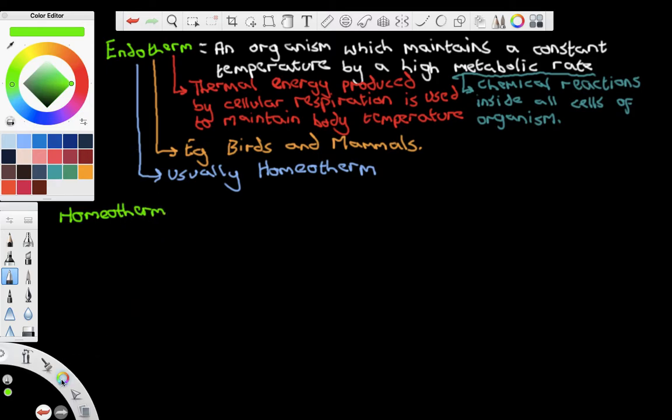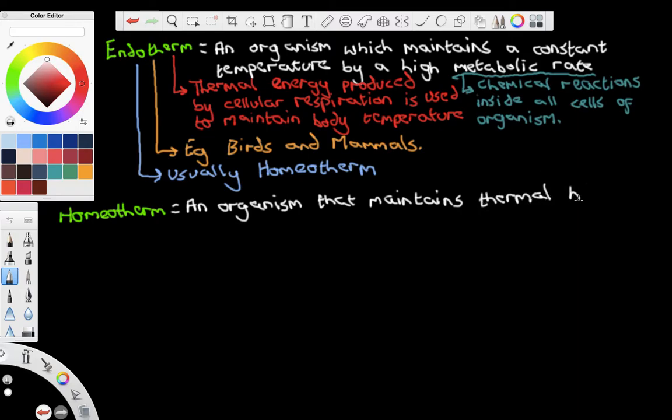a homeotherm can be defined as an organism that maintains thermal homeostasis. Okay? Now, we are examples of homeotherms because we need to maintain our body temperature at about 37 degrees Celsius.